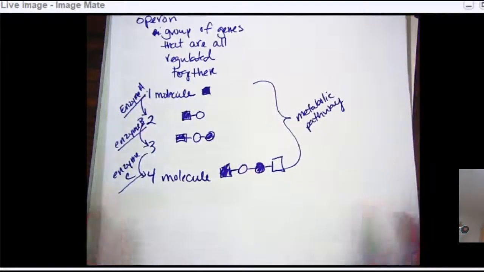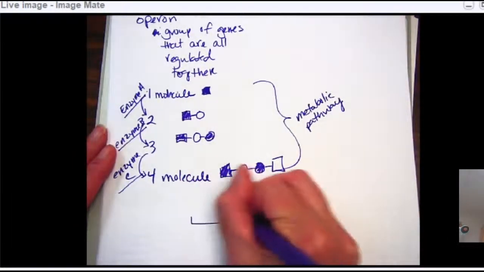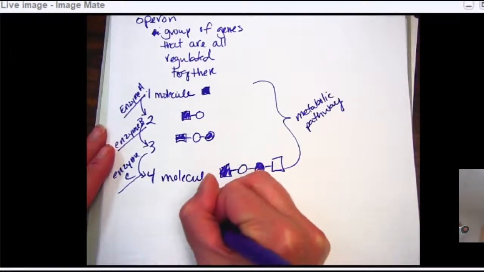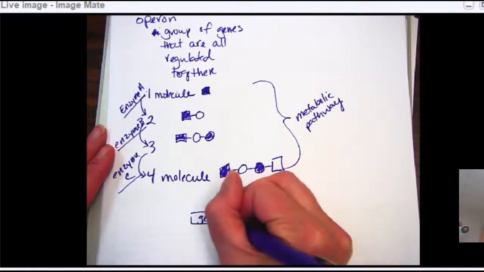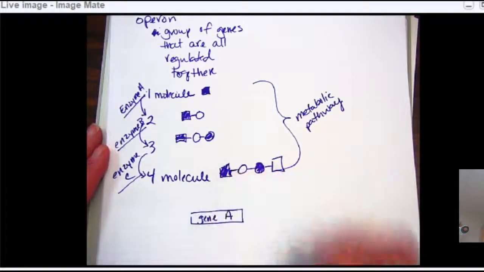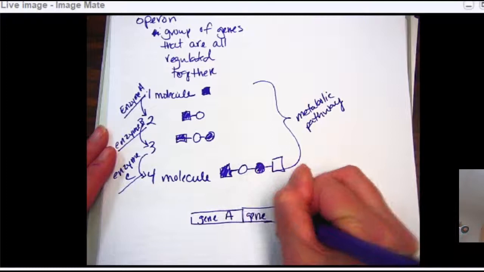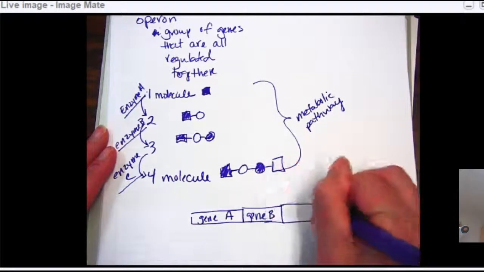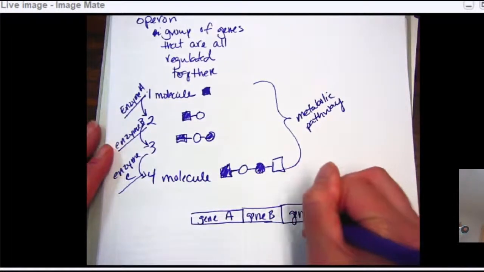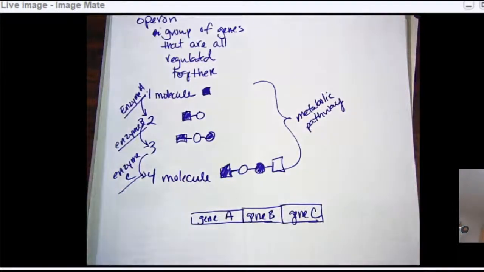So there will be a gene for enzyme A, another gene for enzyme B, and a gene for enzyme C. And they're all going to be near each other on the bacterial chromosome.